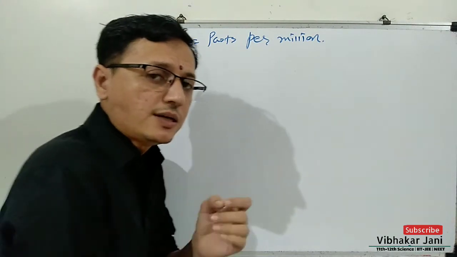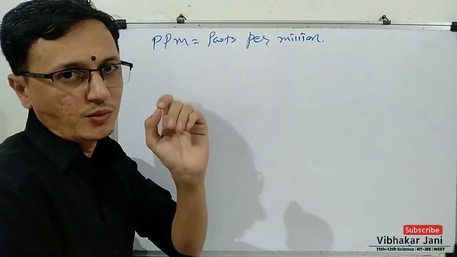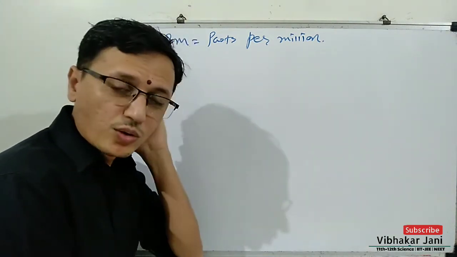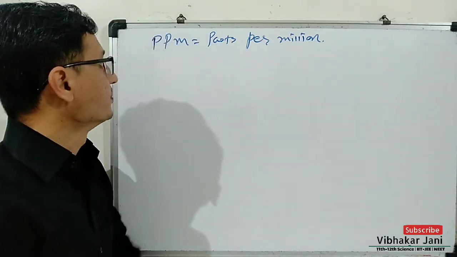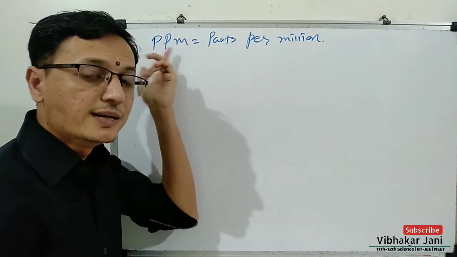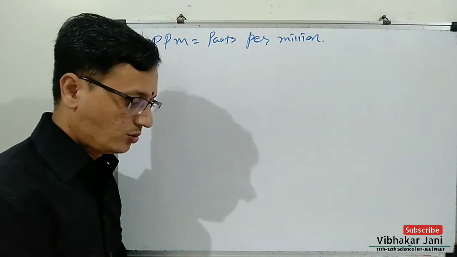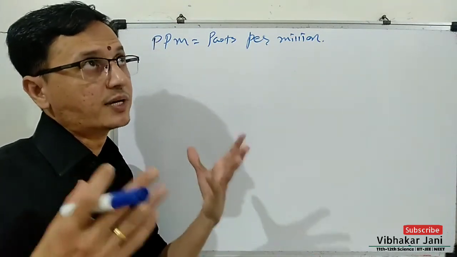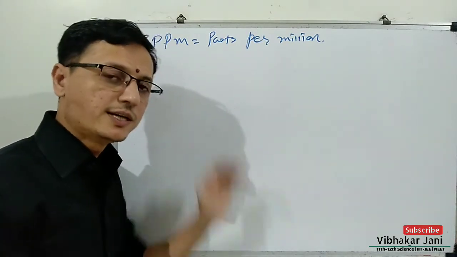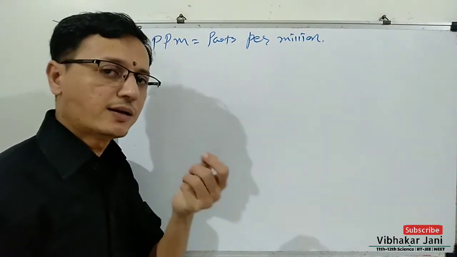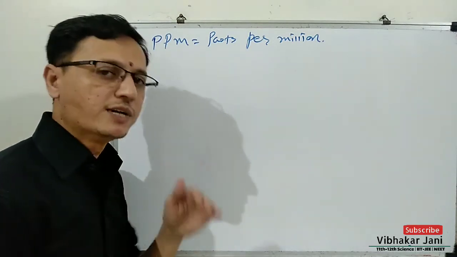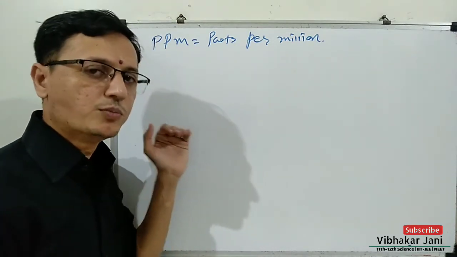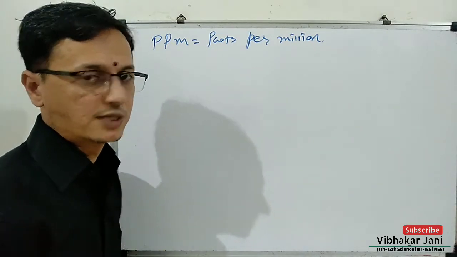When the concentration of a solution is very small, then concentration is measured in ppm. So the pollutants present in our air and water are measured in ppm because their concentration is very low. So when concentration has a very small value, then ppm should be used as the term of concentration.